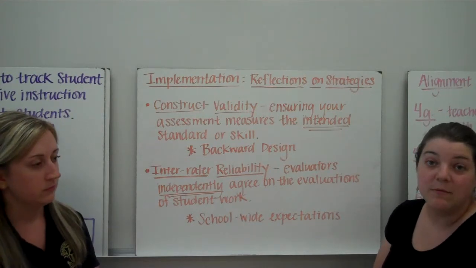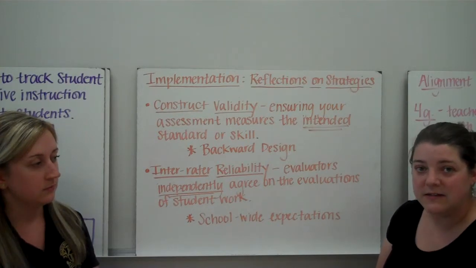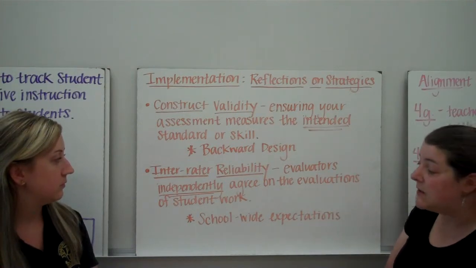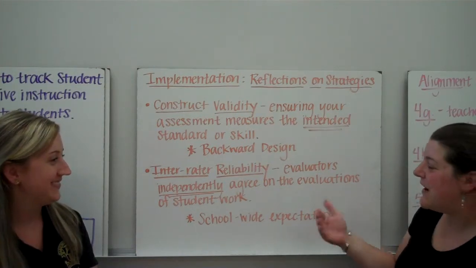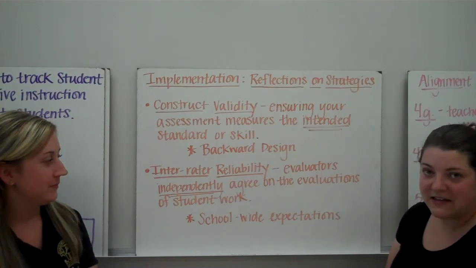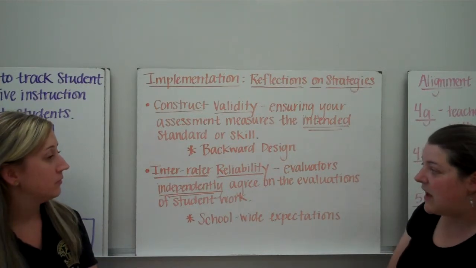In math, it could be something along the same lines, that particular skill, but making sure that it's simplified so that the student might be able to complete it a little more easily. Also, we want to look at the inter-rater reliability. And what this means is that independently, evaluators would rate student work similarly.